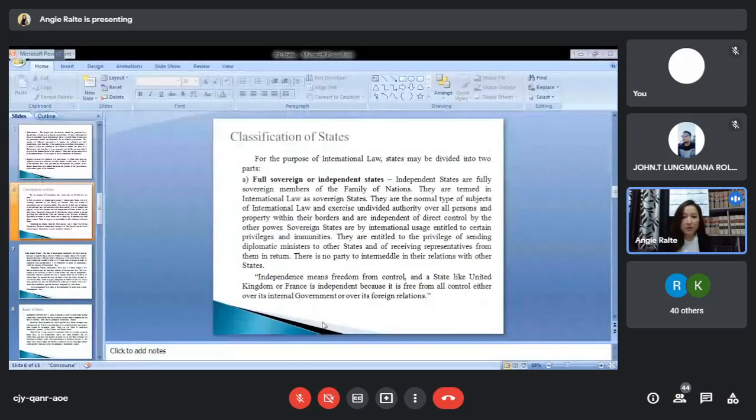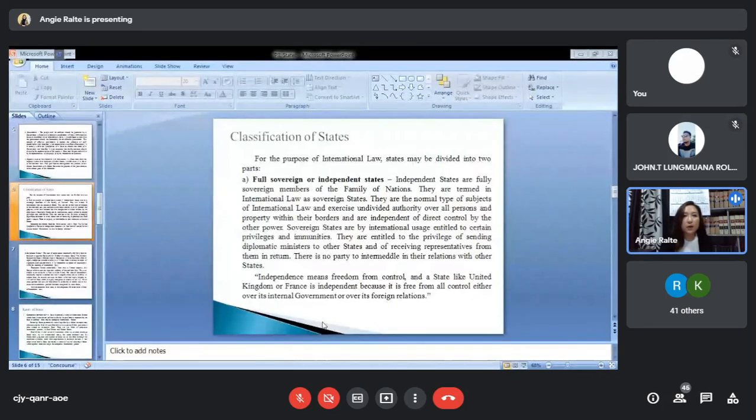So those states look after themselves, without the power of other independent states. They are independent in nature and they have their own government. The representatives of the states look after their relations with other states.